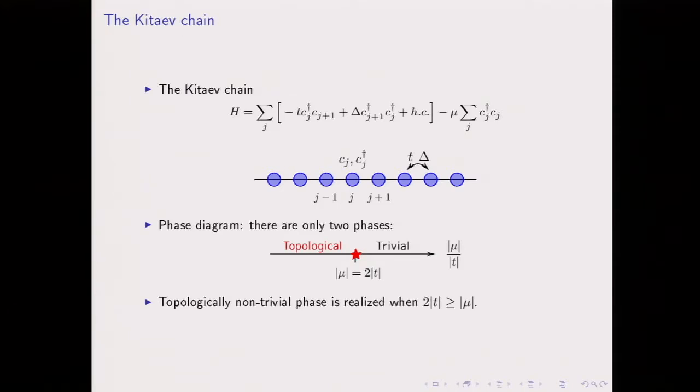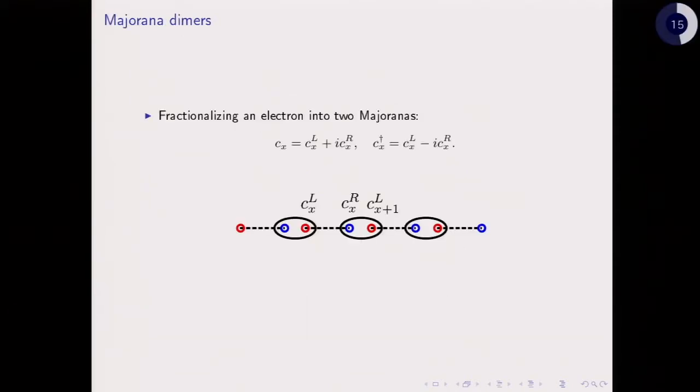Okay. Once again, the ground state of this model can be visualized by this diagram, which is very similar to the Haldane chain. In this case, we break up a physical fermion or electron, which is spinless in this model.